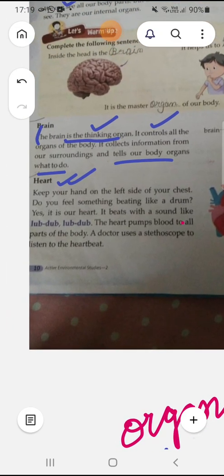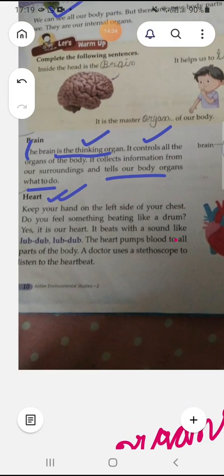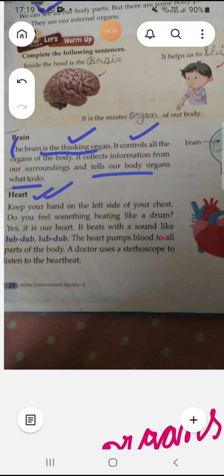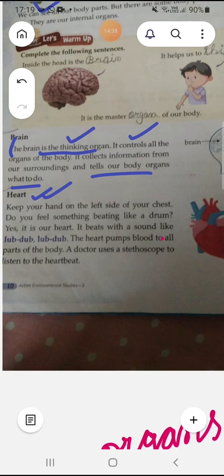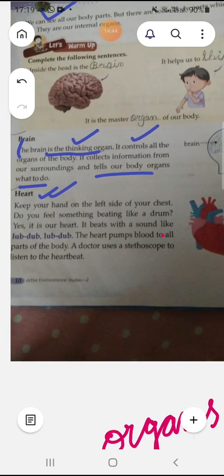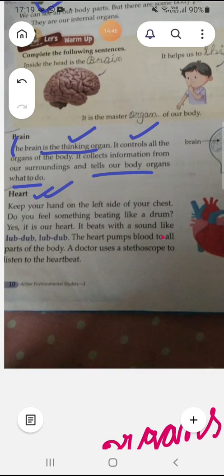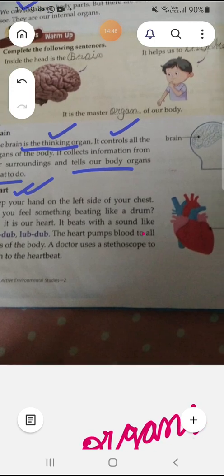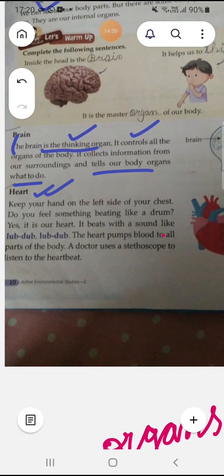So therefore students, you have learned about the brain and heart. These are our important organs. Without these organs we cannot live. When the heartbeat stops, the man dies.